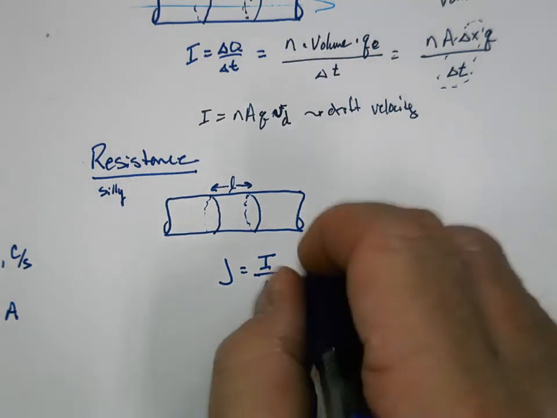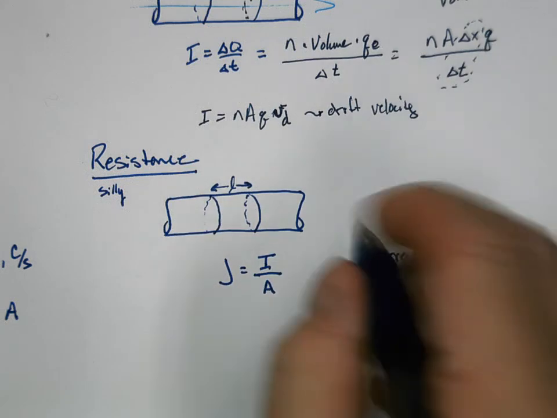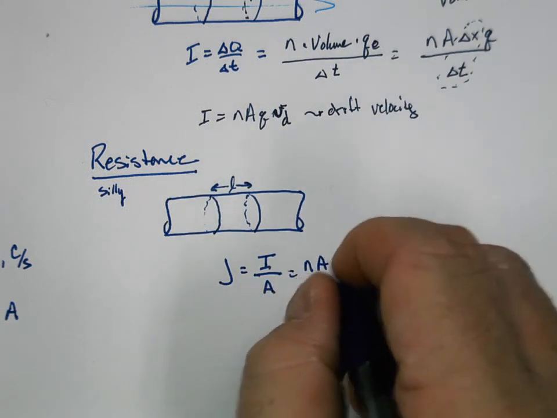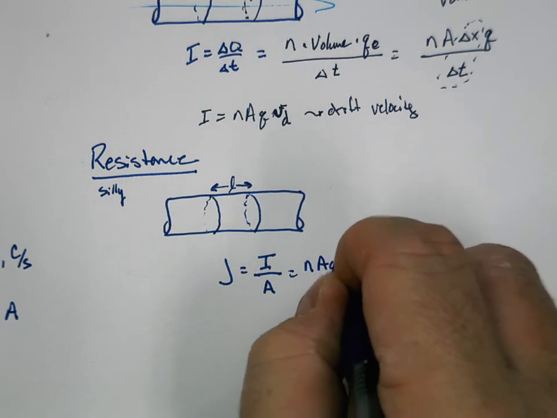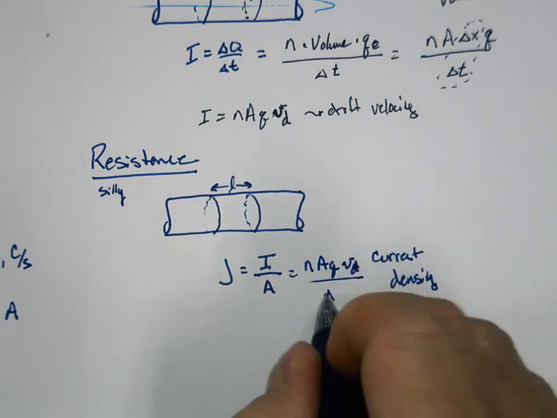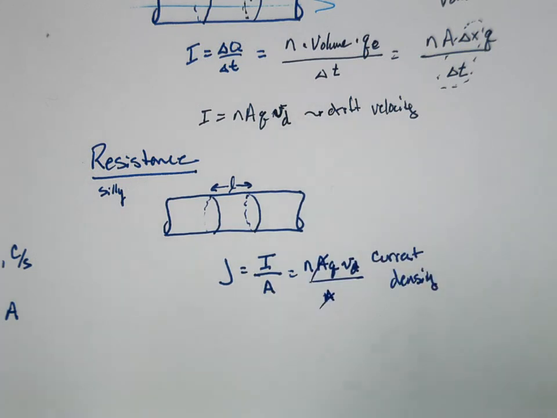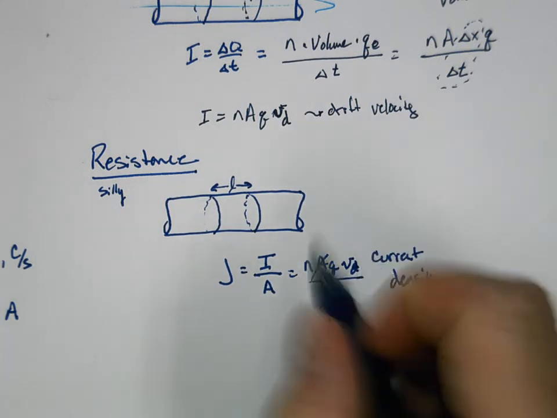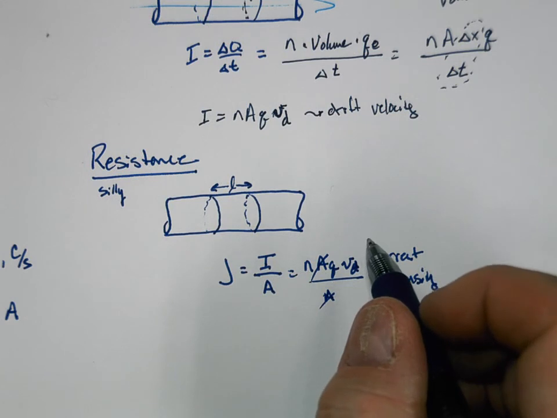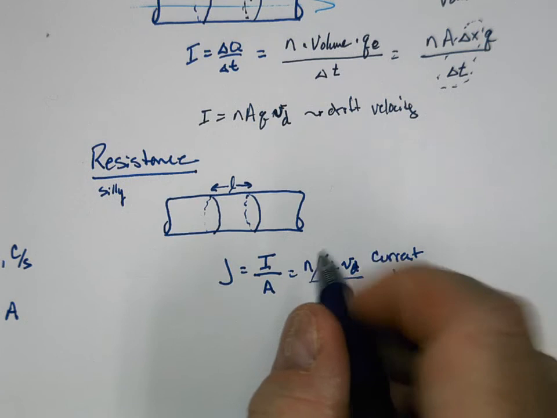Our current, as we defined up here, was n A q v_d, right? And we're dividing that by A, then those go away. Let me make sure I'm doing this right. Okay, this becomes our charge density.